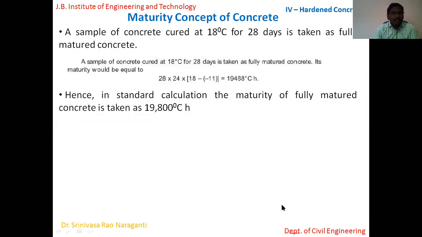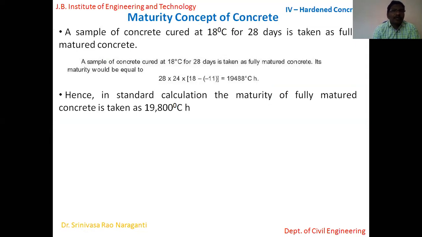So a lot of research was done, and it was found that maturity is defined on the basis of concrete cured at 18 degrees for 28 days. This is what is taken as fully matured concrete. When I say fully matured concrete, I've cured it for 28 days at a temperature of 18 degrees centigrade.